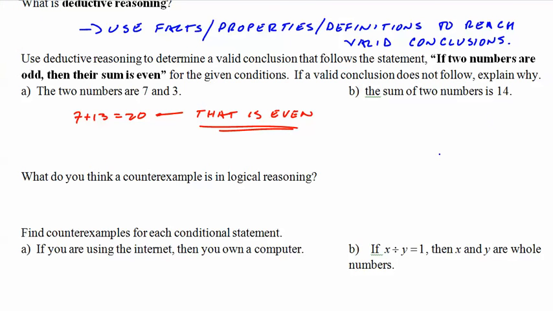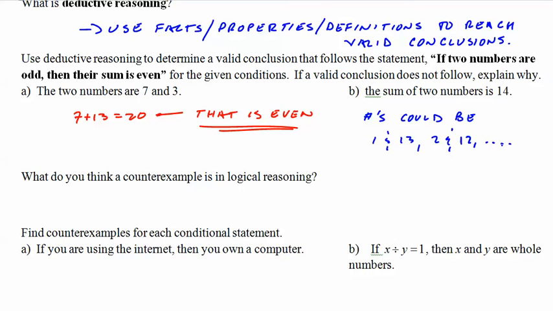The sum of two numbers is 14. Well, those numbers could be 1 and 13, 2 and 12, dot, dot, dot. So this one's a little more open-ended. The other one really made a little more sense.